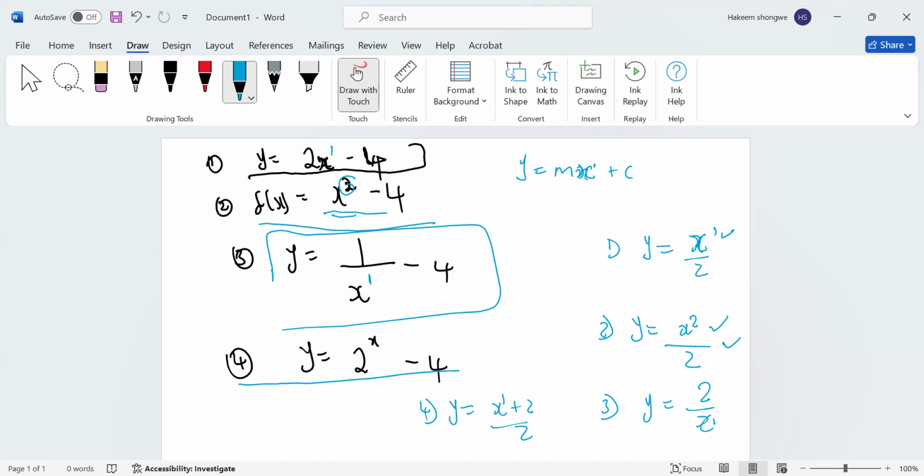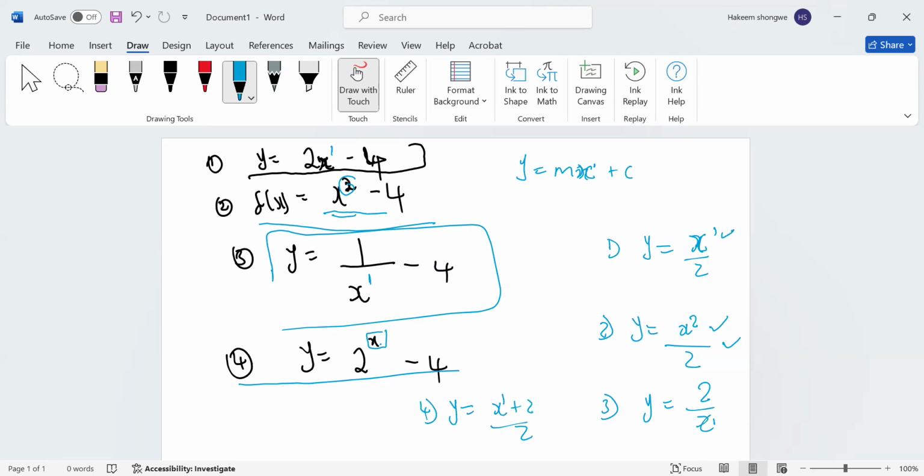Okay, and then last but not least, we have the following function. What is the difference between this function and the ones I just gave you? The x is an index. Yes, index, also known as the exponent. If you don't want to call it an exponent, you can call it an index. In all the functions we were talking about, x was the base.